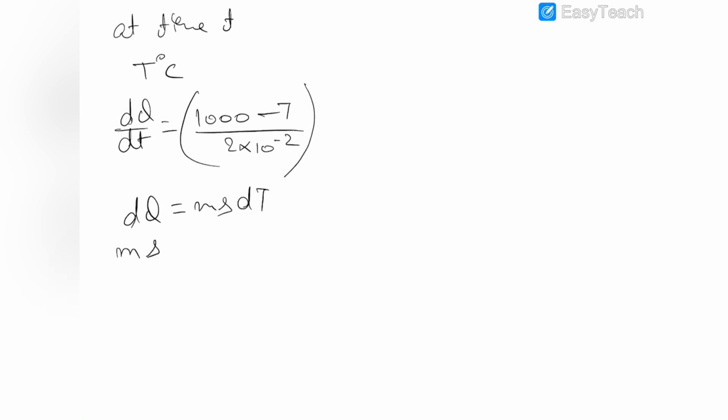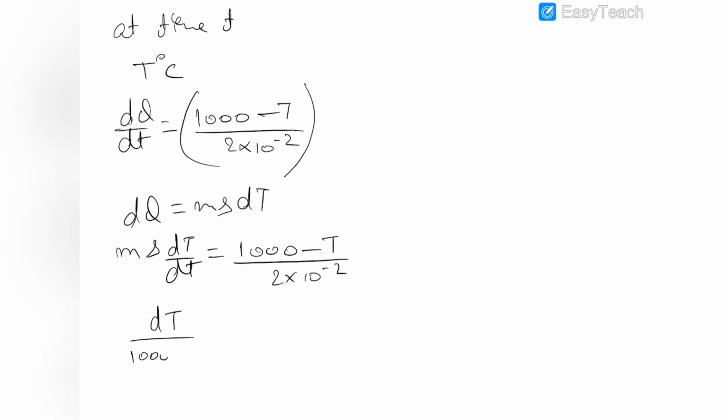So m s dT/dt is equal to (1000 minus T) divided by 2 into 10 raised to power minus 2. So dT/(1000 minus T) is equal to 1/(m s into 2 into 10 raised to power minus 2) into dt, and integrating both the sides.